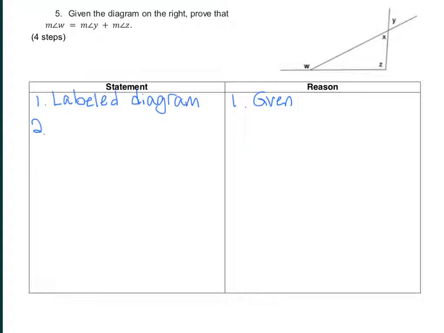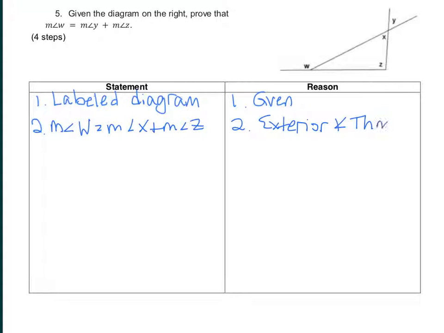Step 2, I'm going to say that the measure of angle W equals the measure of angle X plus the measure of angle Z. And that's your exterior angle theorem. This will be a nice short proof since we've done so many so far. 3, let's use our vertical angles.